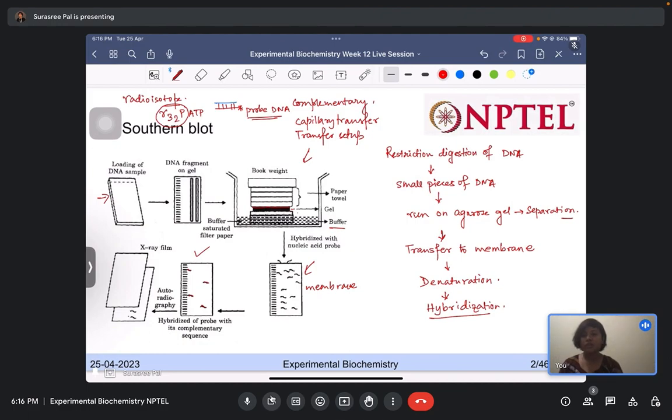This is an X-ray film where we will visualize the places where the probe DNA has been hybridized, and from that we will be able to detect whether our DNA of interest is present in the sample, in how many fragments, etc. Several details we can reveal from the Southern blot experiment.